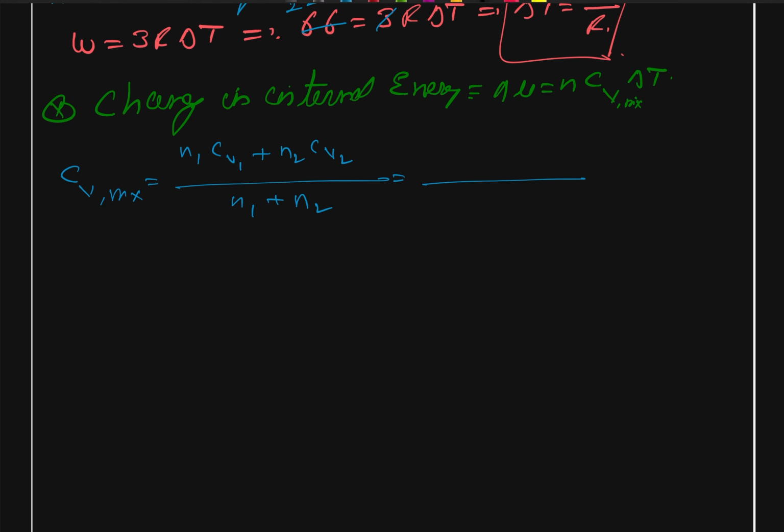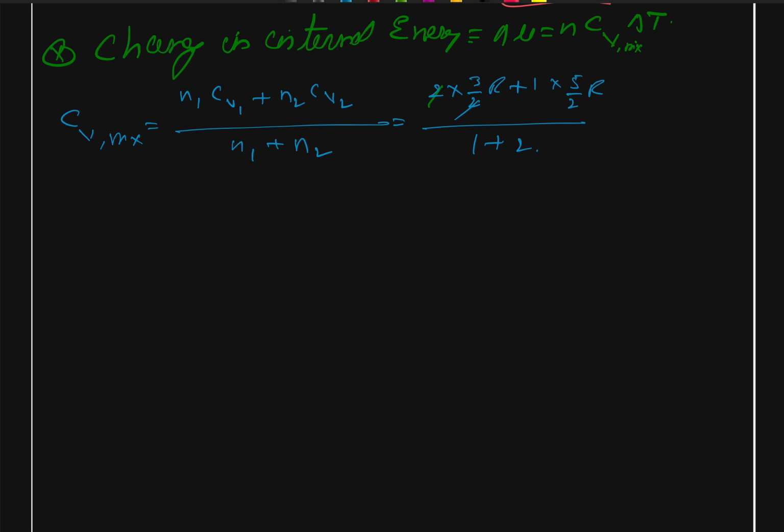So this comes as 2 multiplied by 3/2 R plus 1 multiplied by 5/2 R, divided by 1 plus 2. And here this 2 and 2 go away. So we get this will be equal to, 6 plus 5, that is 11R, divided by 6.